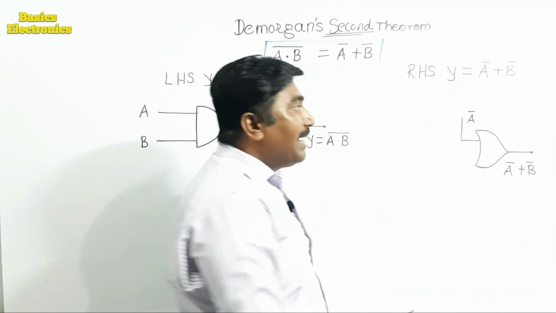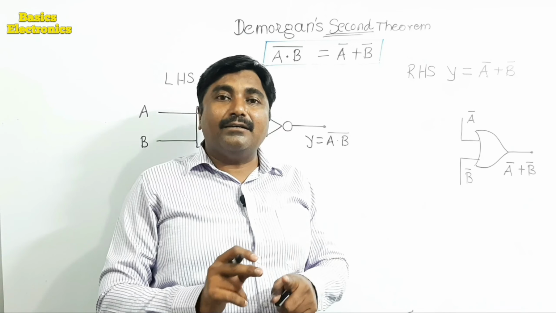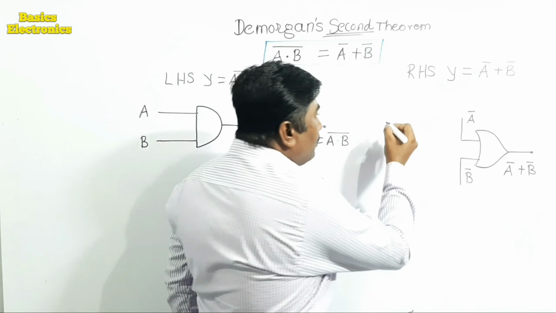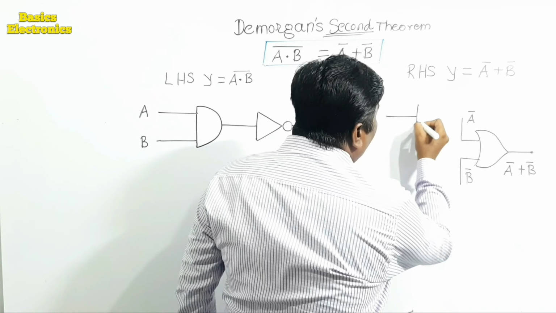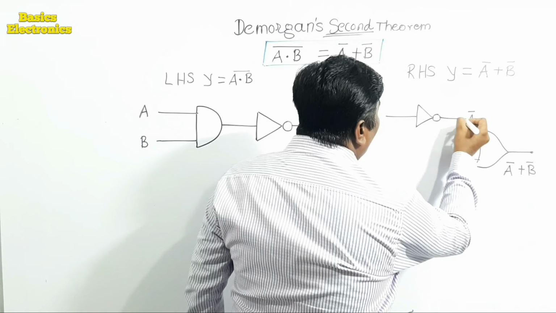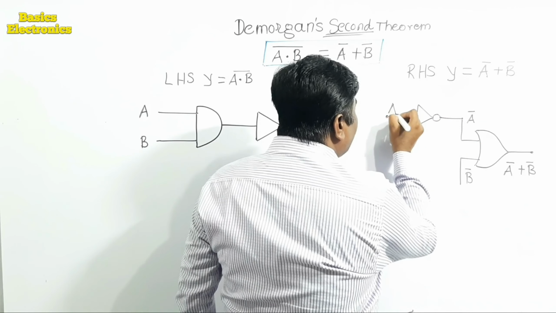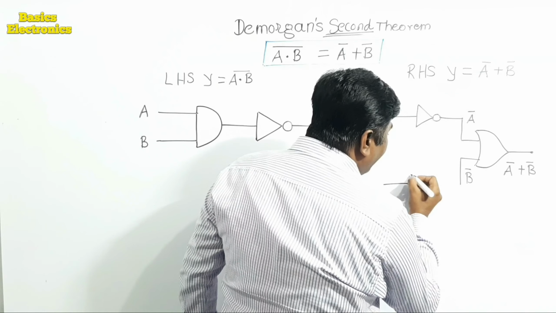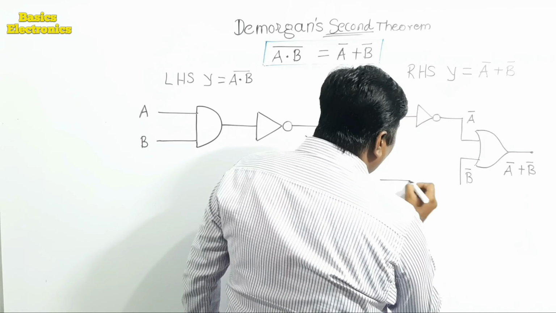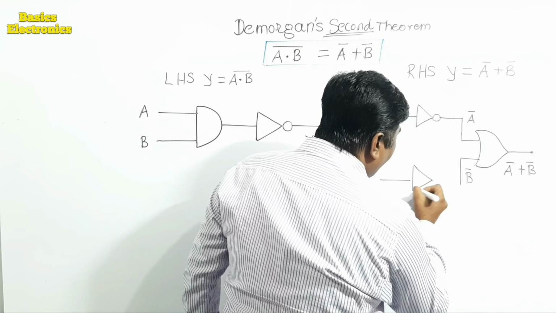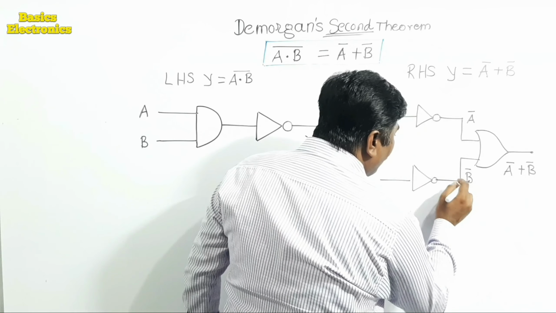Where do we get the A complement from? The A complement we can get by using the NOT gate. So here we apply the input A to the NOT gate, and again at the lower side we apply the input B to another NOT gate.